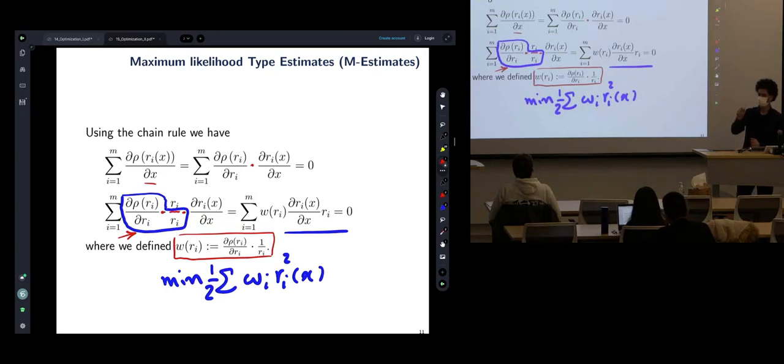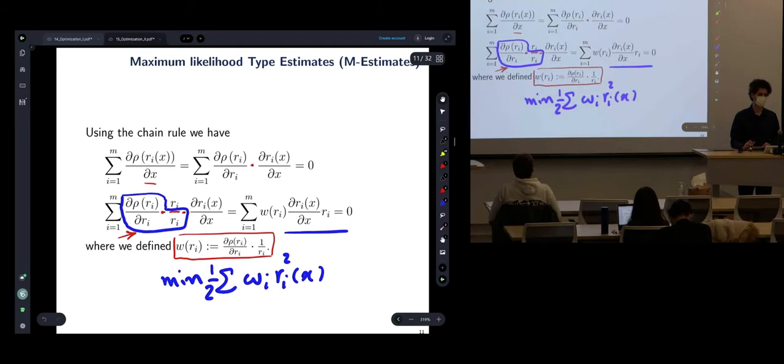You pick the rho function, and the weights are already clear. It's just the derivative of the objective function times 1 over the residual. And of course, in practice, you don't want to divide by 0 when we have 1 over the residual. We need to be careful and mindful of that.